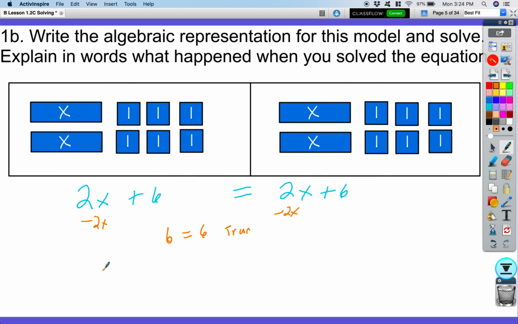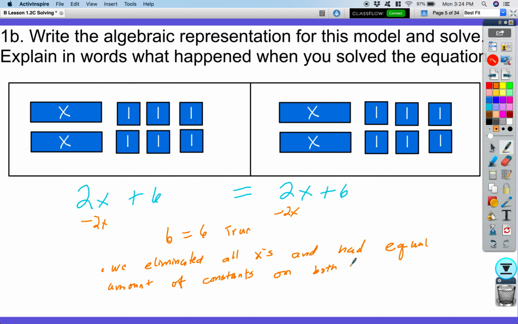We eliminated all x's and had an equal amount of constants on both sides of the equal sign.